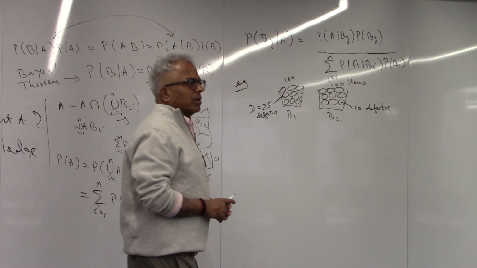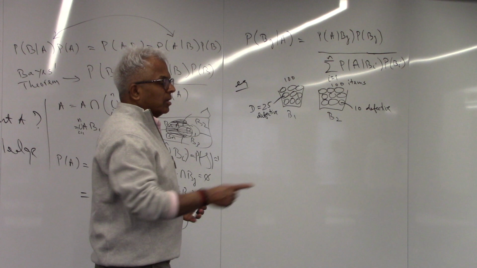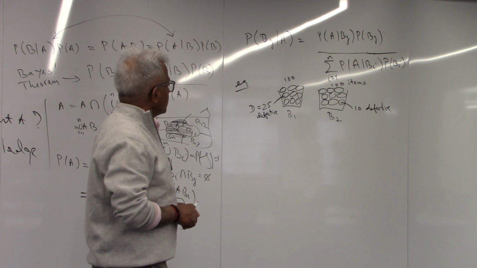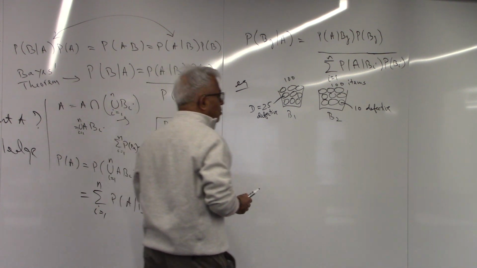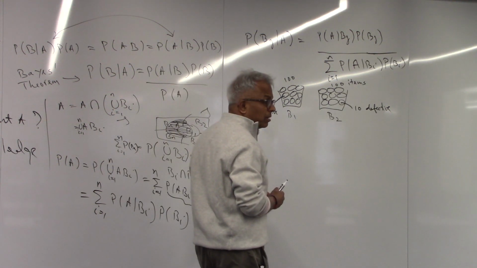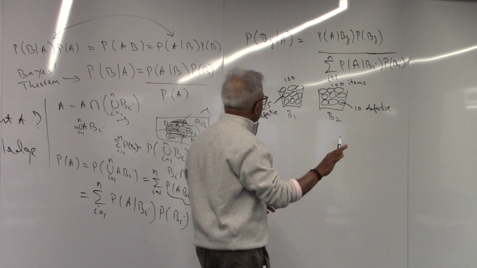So the problem goes like this. You have two boxes in a room. They contain 100 items each.